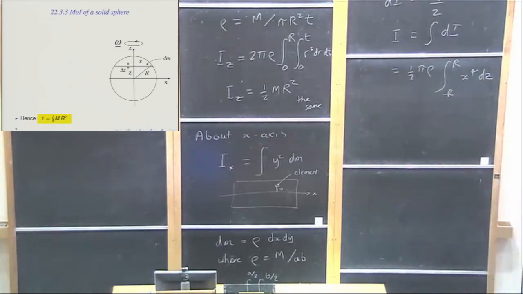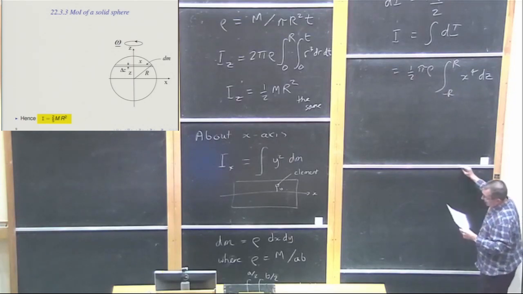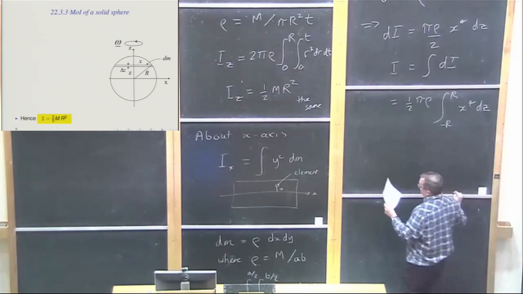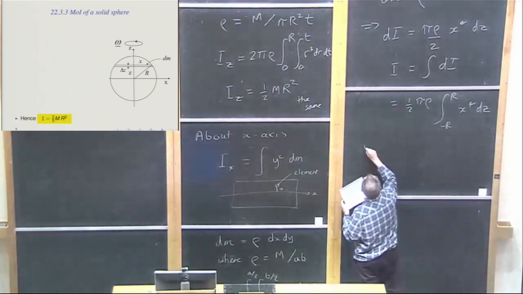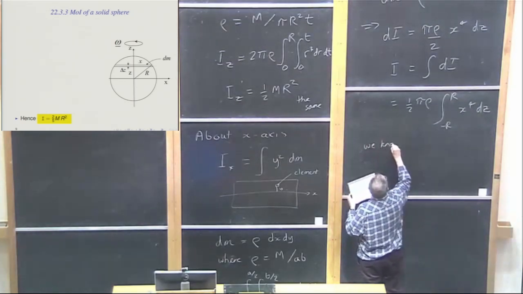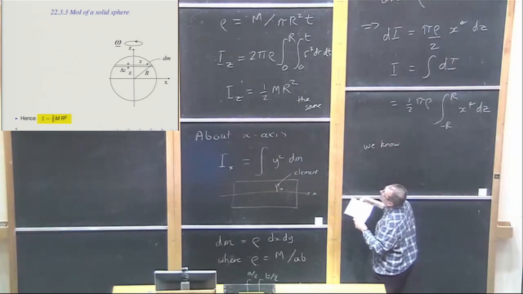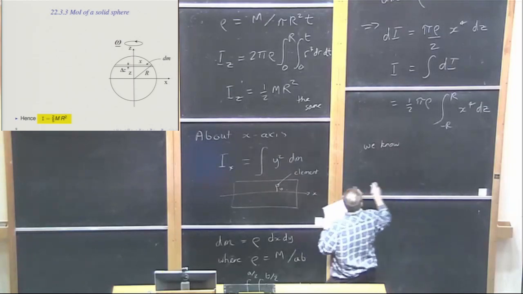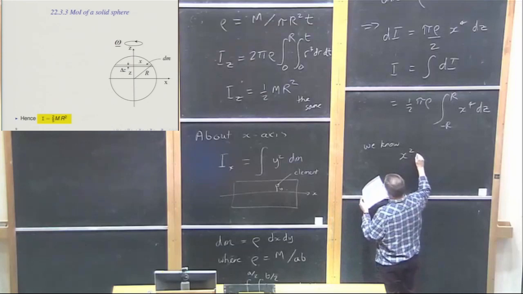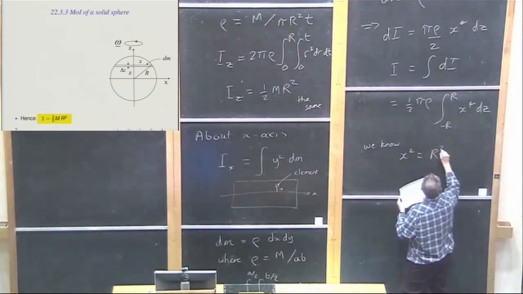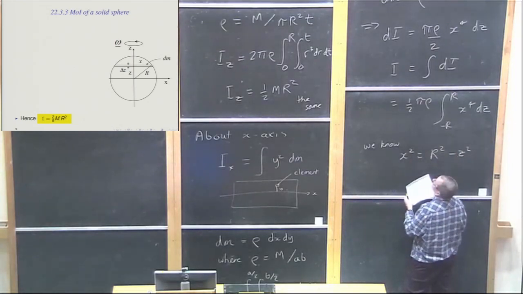We stack them up from z starting down here at minus R to plus R. Now this integral needs some changing because both x and z are varying, but they are of course related. And we know just from looking at this construction that x squared is big R squared minus z squared.